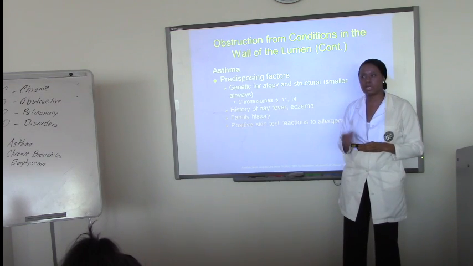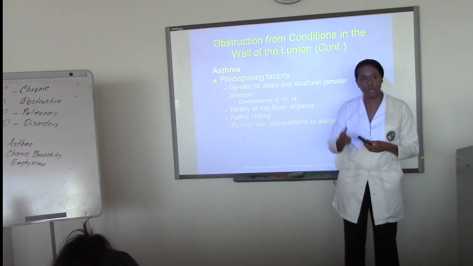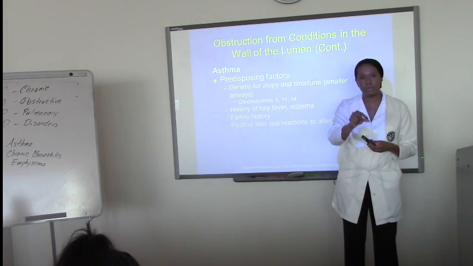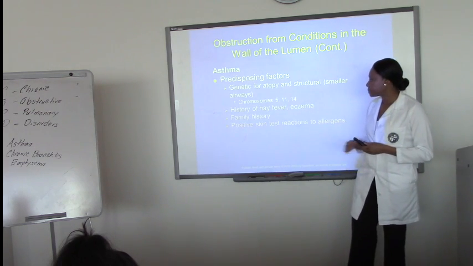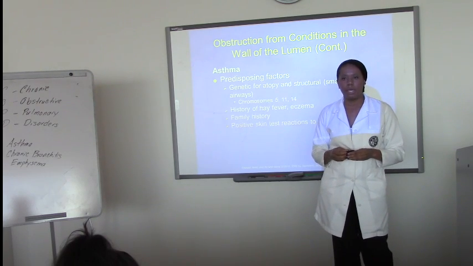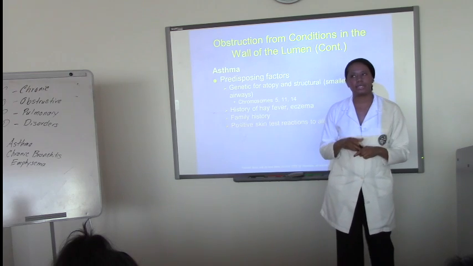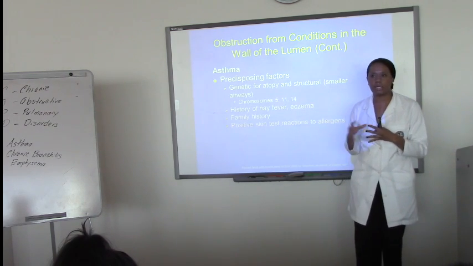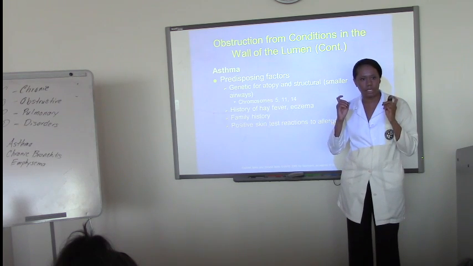Those are the chromosomes that will have that genetic information that will show that these patients do have this particular type of hypersensitivity, which is the atopy. They also could have a history of hay fever and eczema. Now, not to say that everyone that has eczema will have asthma, but sometimes it kind of goes hand in hand because eczema also falls under that category as a hypersensitivity type of reaction.